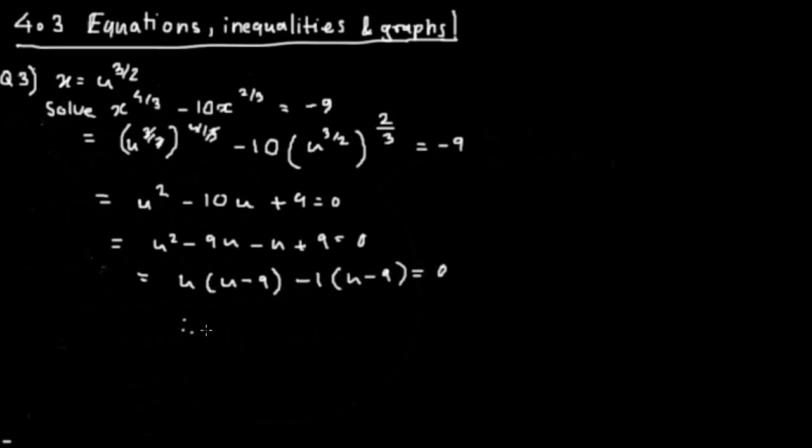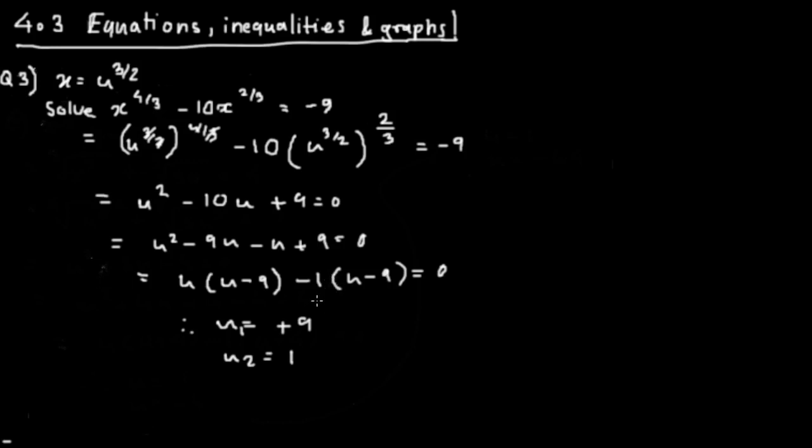Therefore, u is equal to plus 9 or, this is u1, then u2 is equal to 1. So, what is it? I'm pretty sure I got all this right.